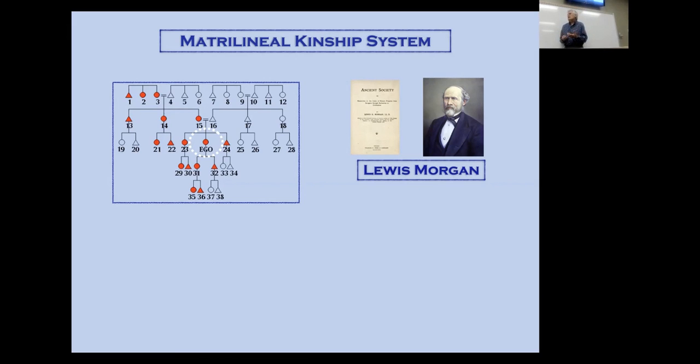And he then became curious about, where did this matrilineal kinship system start? So he went and talked to all of the army people who were invading and had contact with ancient people. He talked to anthropologists, and then he did a linguistic analysis.